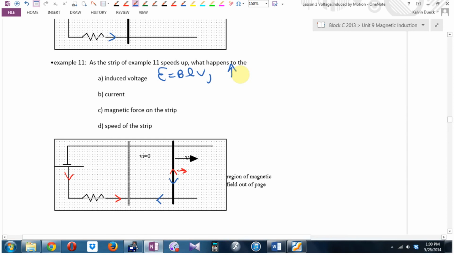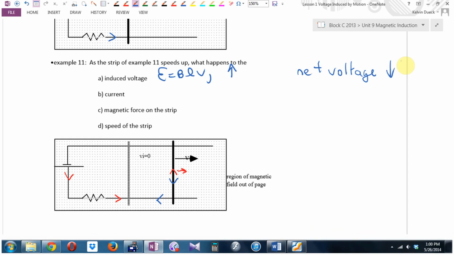Okay? However, the net voltage decreases. What happens to the current?